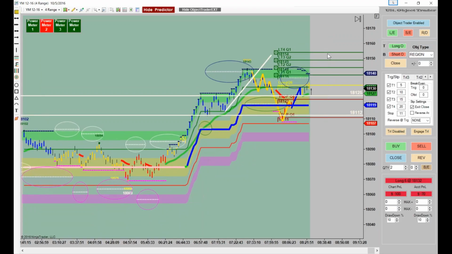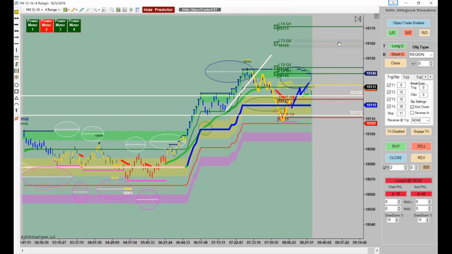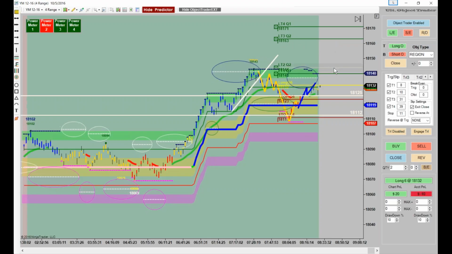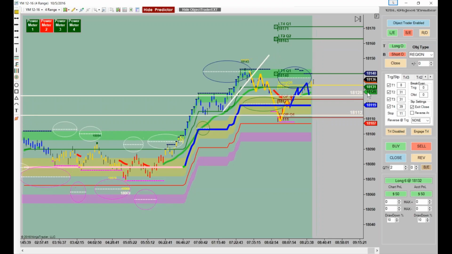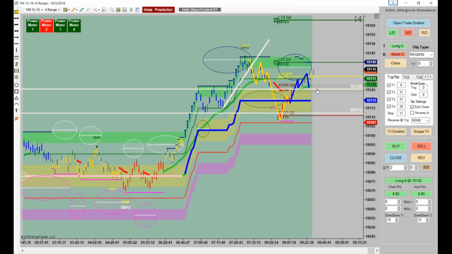And I always like to get one of my targets out of the way, and then look to the left to trade the right, and you can see a swing right across here and here. See if we can get it. Now you can put your stop actually right under there with an exit on close.